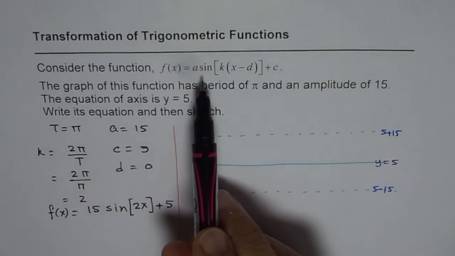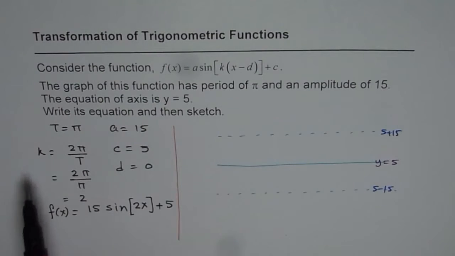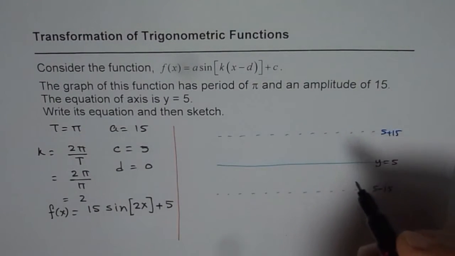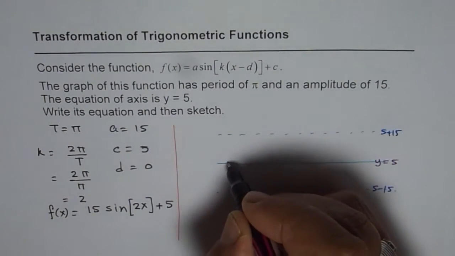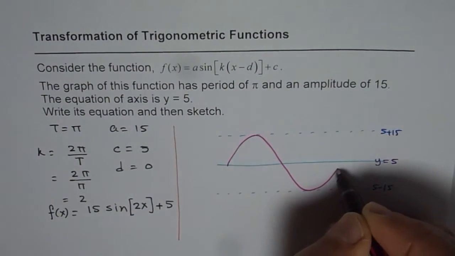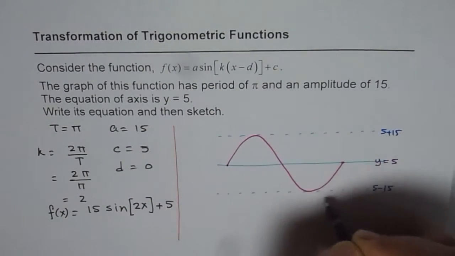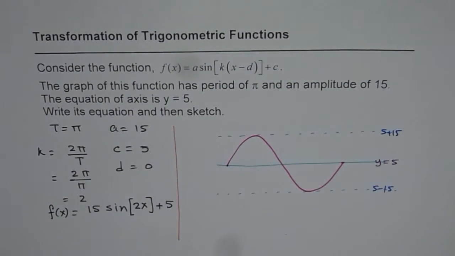It is a sine wave with a period of pi, correct? So what I can do here is draw my sine wave. See how? So that is my sine wave. One wave I'm drawing, right? Of course we could do as many, but for illustration I'm just sketching one wave.